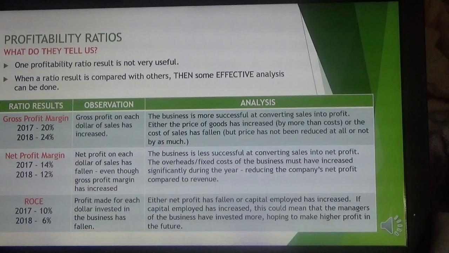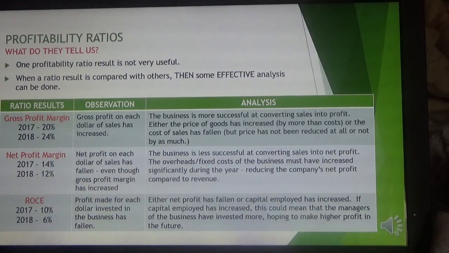In 2017, the gross profit margin using to find the profitability ratio is 20%. In 2018, it's 24%. So what's the observation? Gross profit on each dollar of sales has increased.